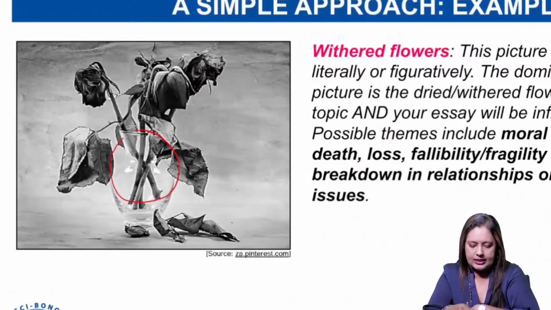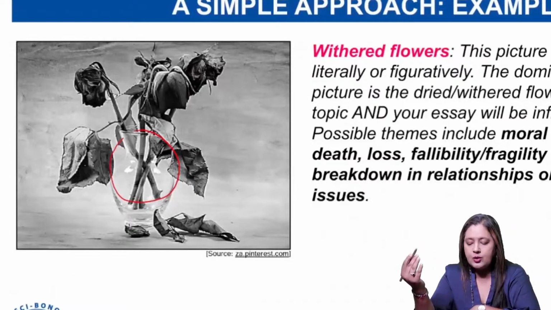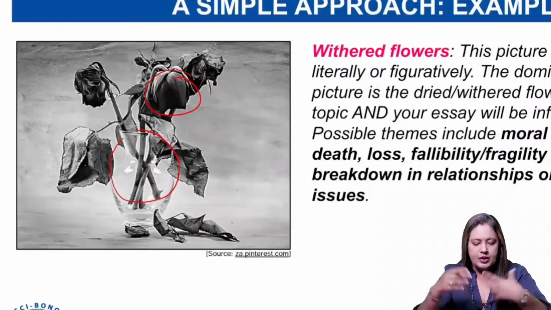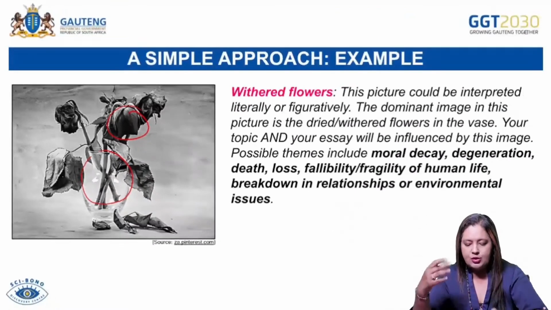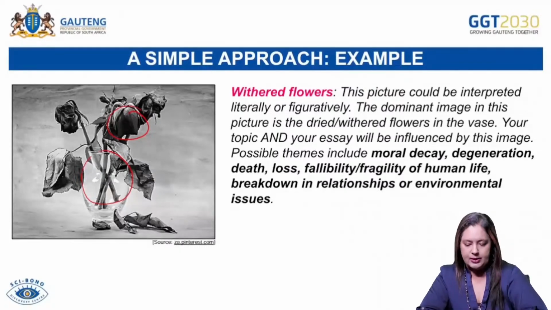There's no water in there. There's no evidence of any kind of water. And then you see petals, or leaves, have fallen down. Now, I'm saying withered flowers, but you could say maybe withered roses, because that looks like a rose there, for example, okay? But whatever's there, you will find an aspect in that image and you'll write about it.